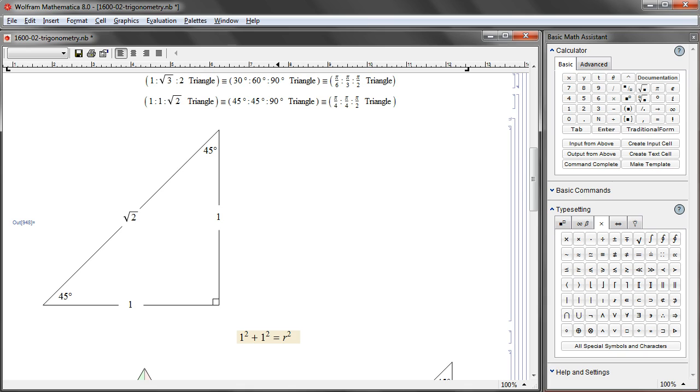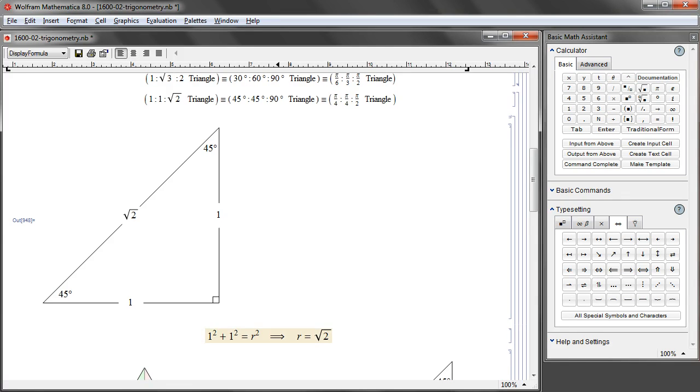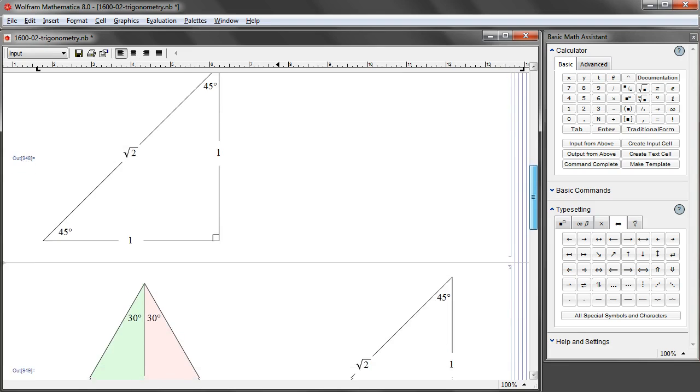Consequently, what do we have? r is square root of 1 plus 1, square root of 2. And that's how we get this triangle, 1, 1, square root of 2 triangle.